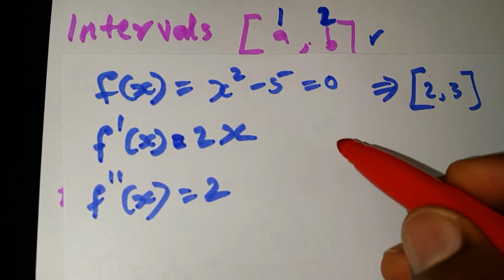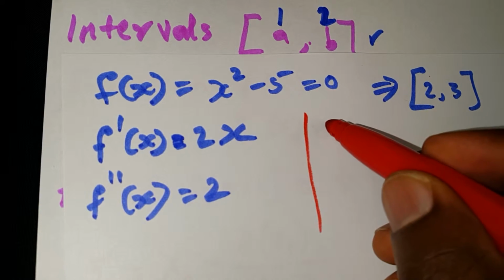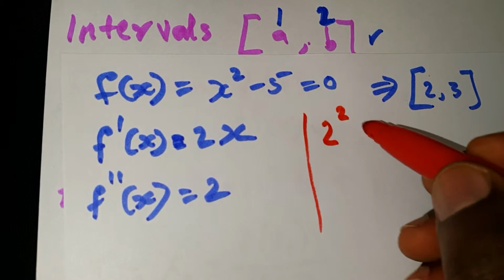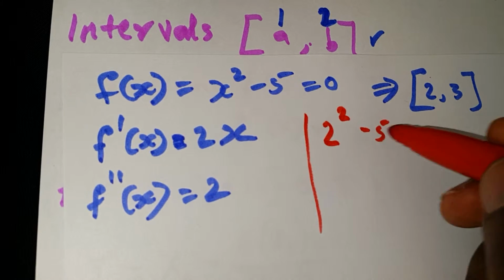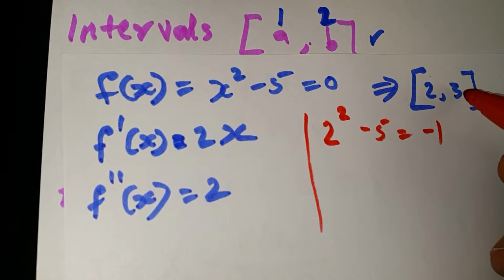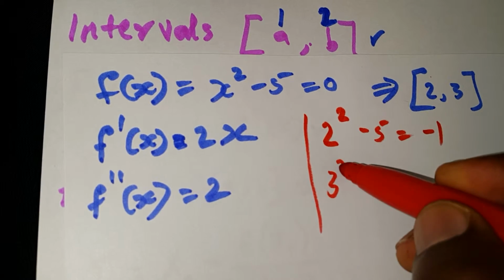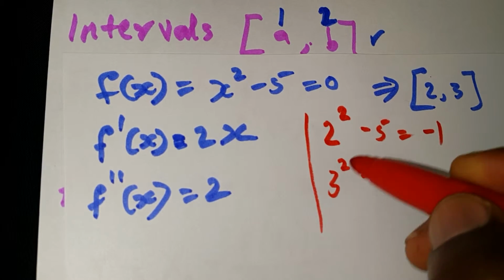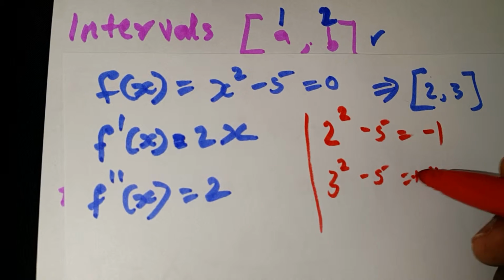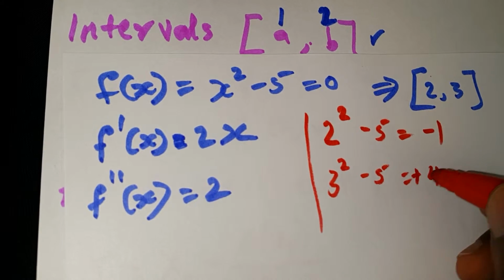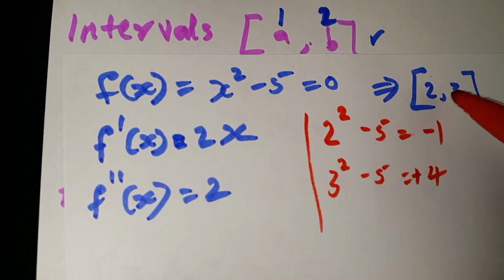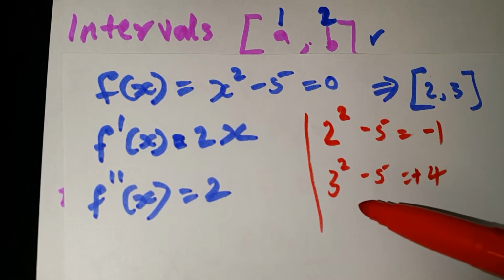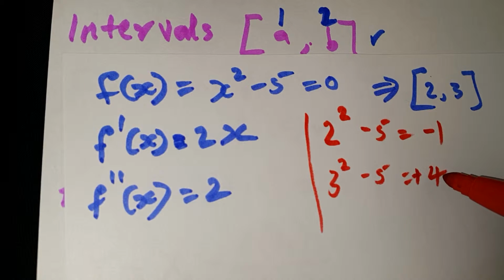Let's take our 2: 2 squared minus 5 is 4 minus 5, which is minus 1. Then 3 squared minus 5 is 9 minus 5, which is positive 4. Now we've put our intervals into the function, and we found minus 1 and 4.